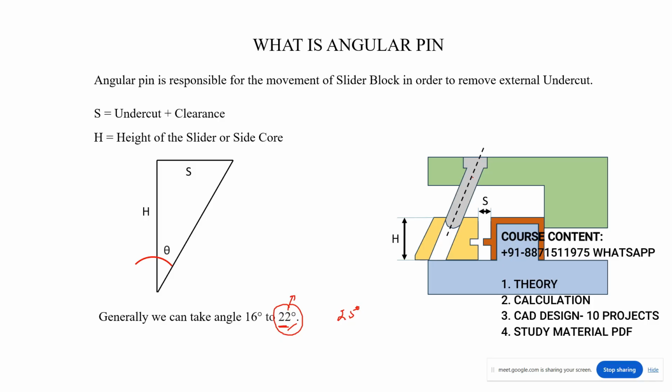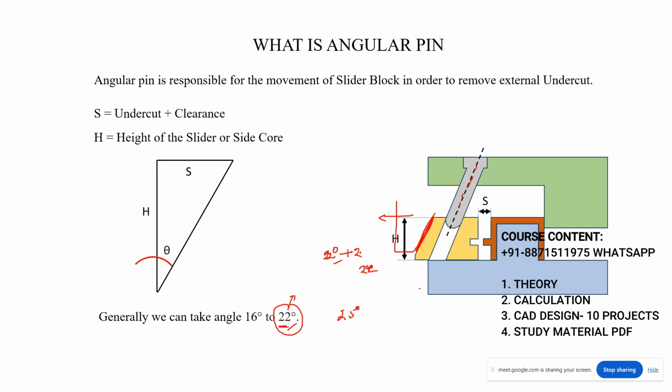Because we are taking the angular pin here, hai na? So apart from the angular pin, we have to use the heel block or the locking block also. Now for example, if your angular pin angle is 22 degree, just for an example, then for the heel block you have to take 24 degree, 2 degrees more.